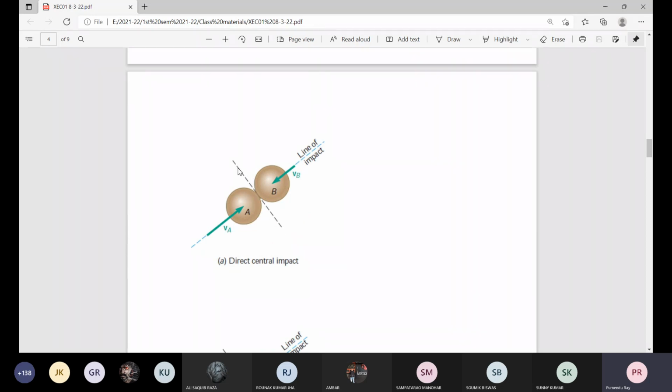Now, can you tell me how we can find out the time of contact, or what is the force developed at this contact location? We can find out momentum with change in momentum. Momentum, sir.